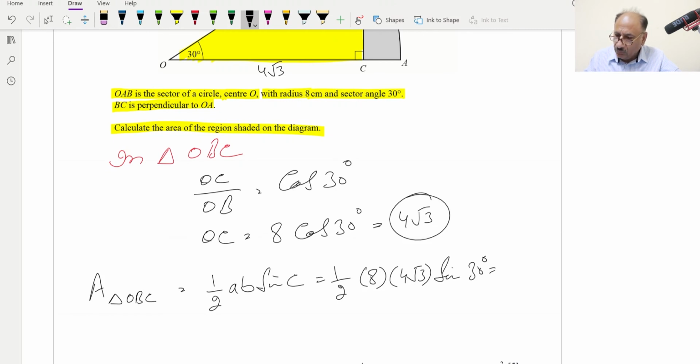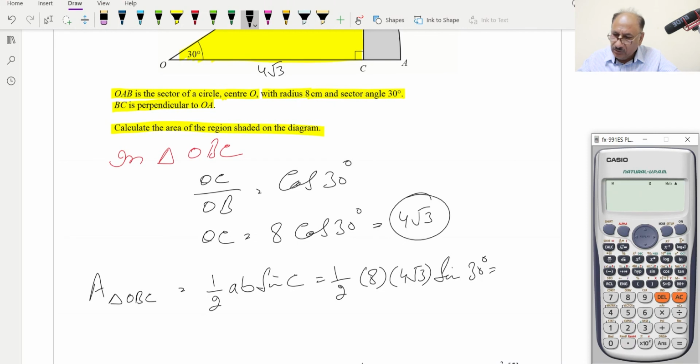This will be 1 over 2 multiplied by 8 multiplied by 4 root 3, and sine of 30 degree, and this is given by 8 under root 3.